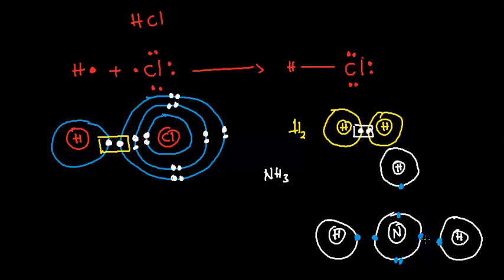So what we are left with is to connect it. The top hydrogen is going to connect with the nitrogen. At this side, it is going to connect, and here we have the last one.